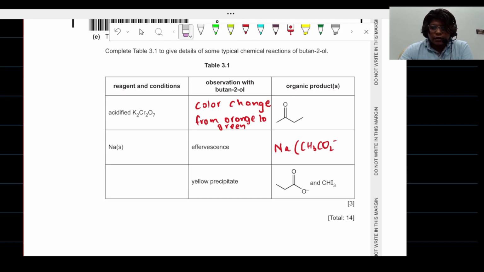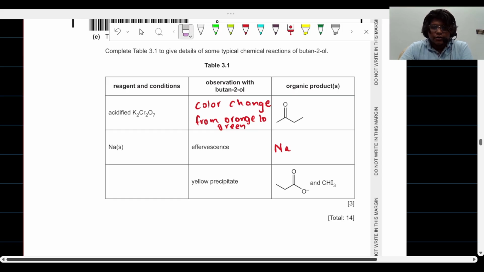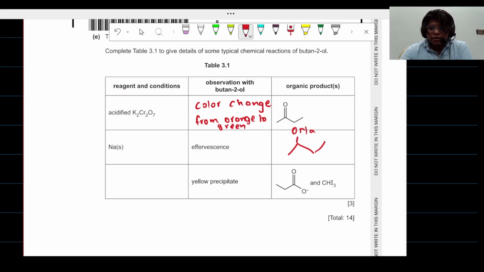But I think it would be better if we just make the structure out of it. So you will have O here and sodium here. So this would be your salt, right? Because alcohols have some acidity, but they only show it with very strong or very highly reactive metals.